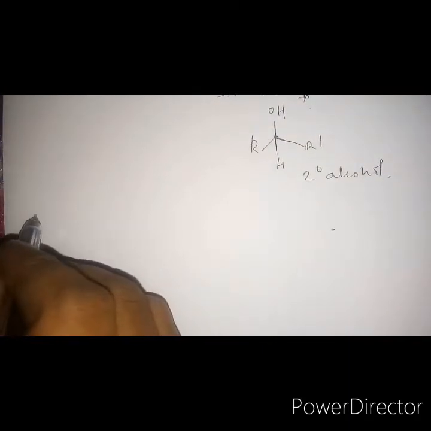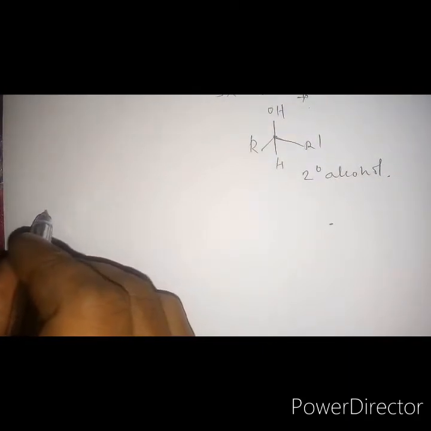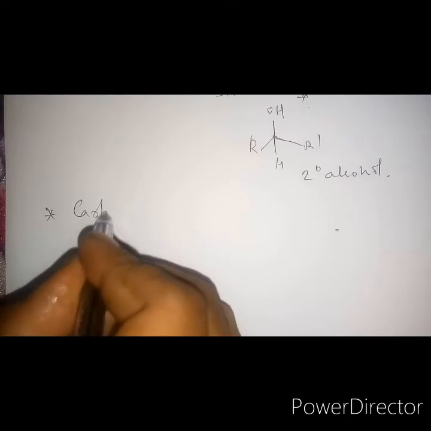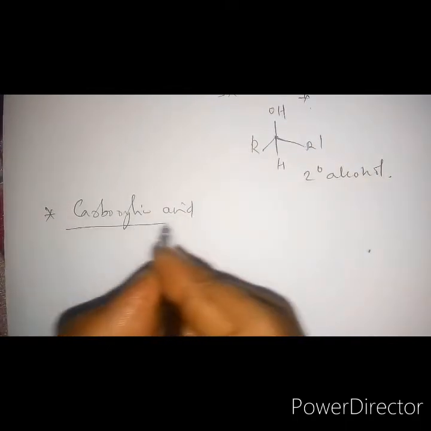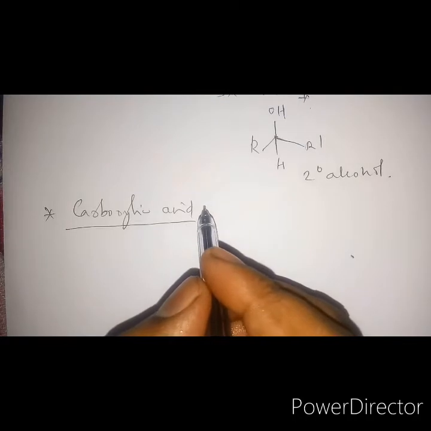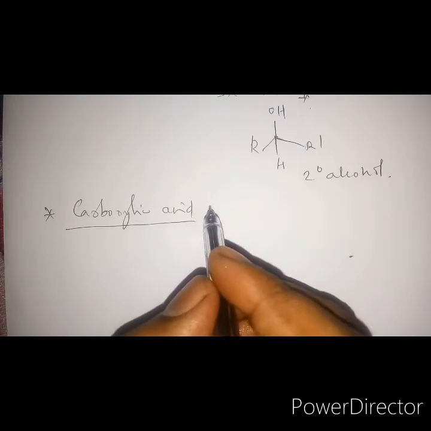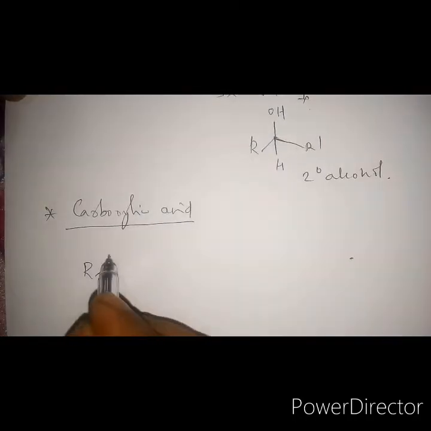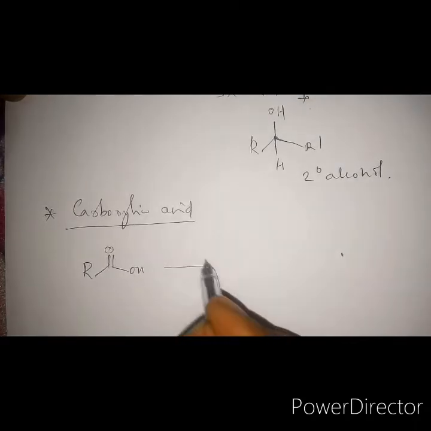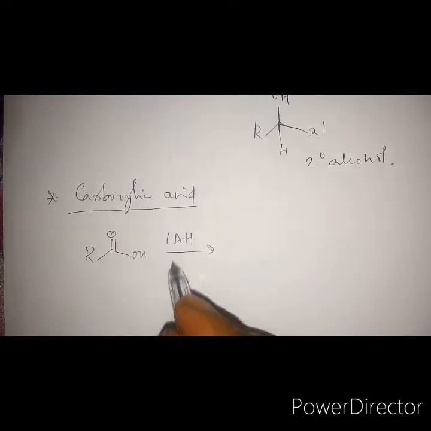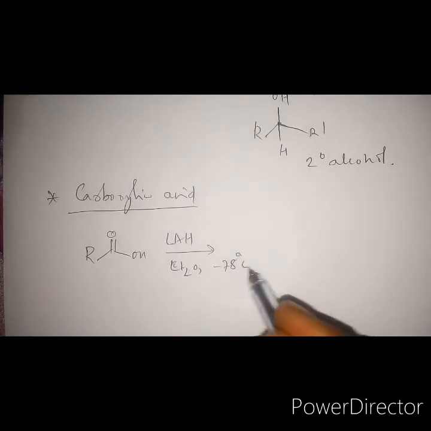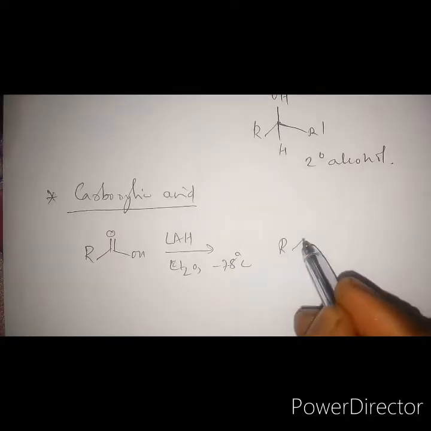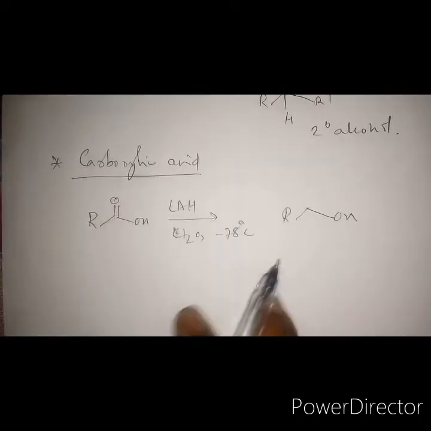So this is a secondary alcohol. Now reduction reactions with carboxylic acid. RCOOH will be reduced with lithium aluminum hydride. The condition is the same, so I will not write this condition every time. It will give CH2OH, primary alcohol.